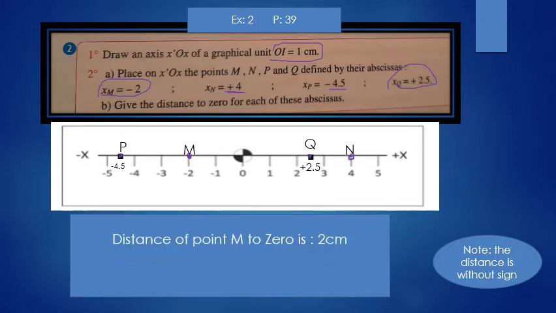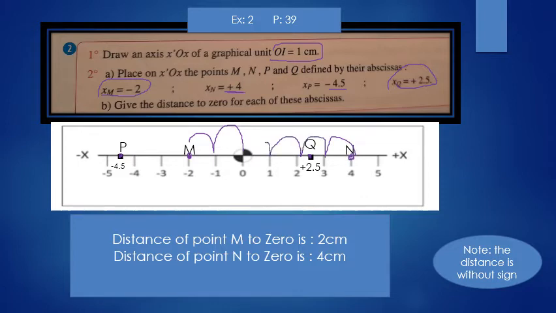The distance from point M to 0, look, from M to 0, there are 2 steps. So the distance is 2 centimeters. The distance from N to 0, here, 1, 2, 3, 4. There are 4 steps, okay, and each one is represented by centimeter.